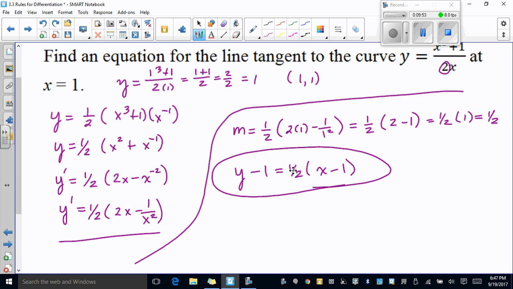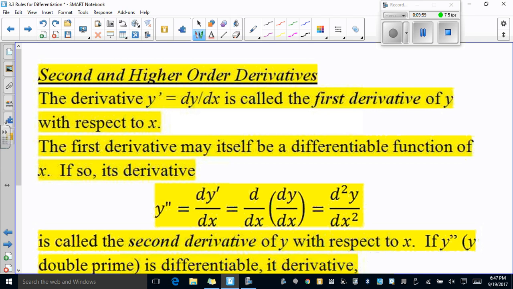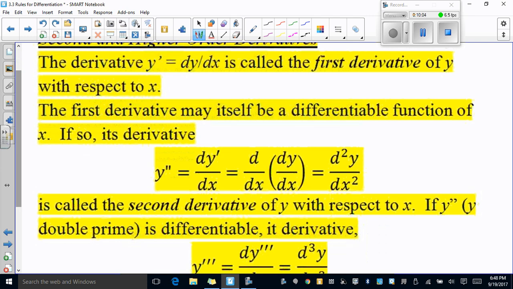Okay. So second and higher order derivatives: the derivative y prime equals dy/dx is called the first derivative of y with respect to x. The first derivative may itself be a differentiable function of x. Okay, so you can go on to do the second derivative.